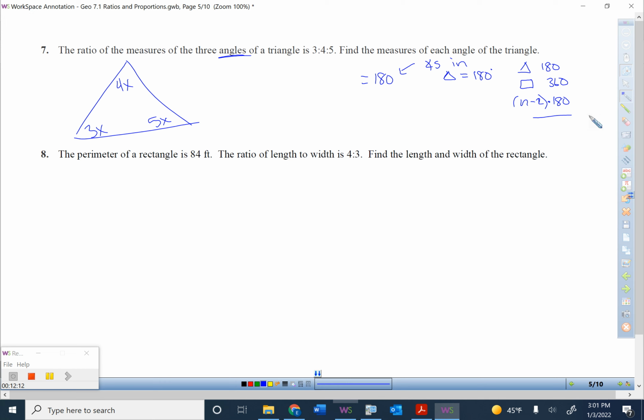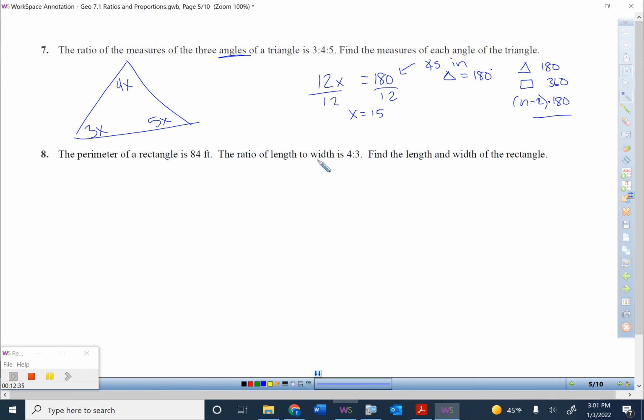So, finishing this problem here, adding these up, 5, 4, and 3 makes 12x. And then we just have to divide that 12 on both sides. And when we do that, we get x equals 15.